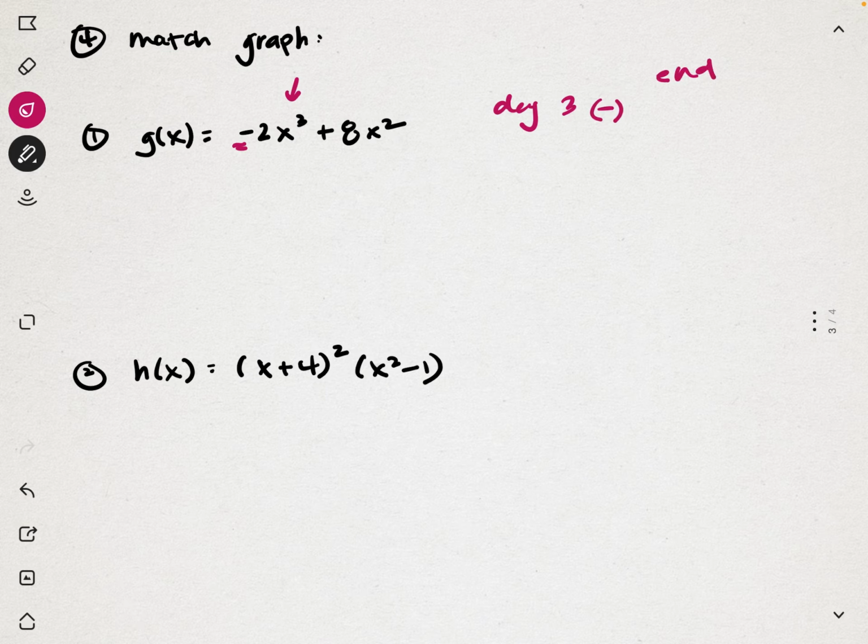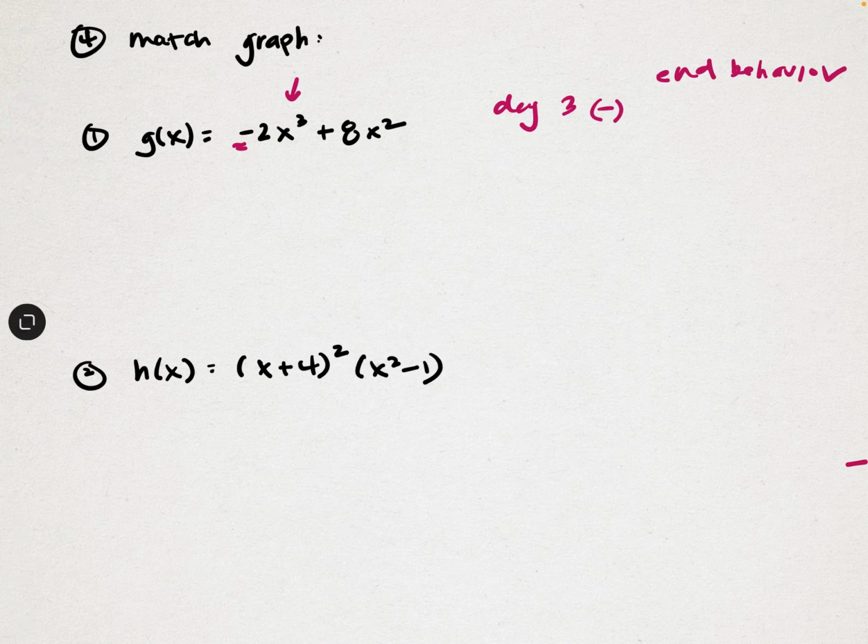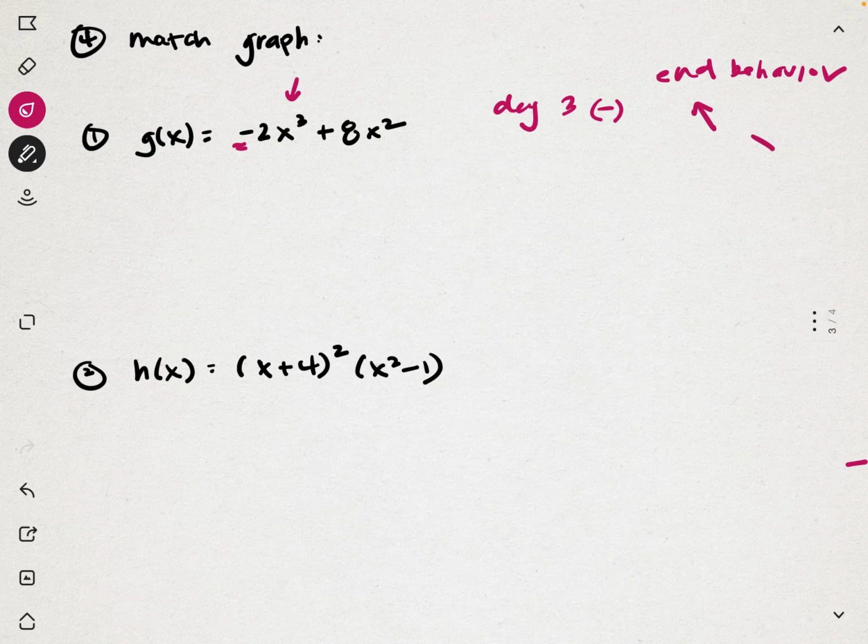So let's determine the end behavior. And we know that odd negative looks like this, right? Because we know an odd is like the linear, and because a negative linear decreases from left to right. We know our end behavior.